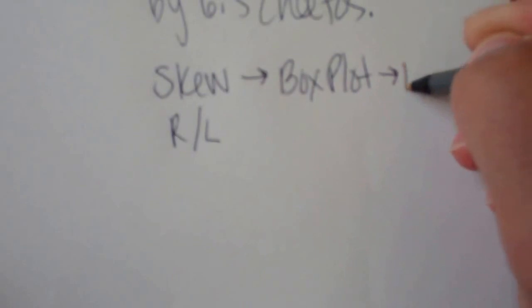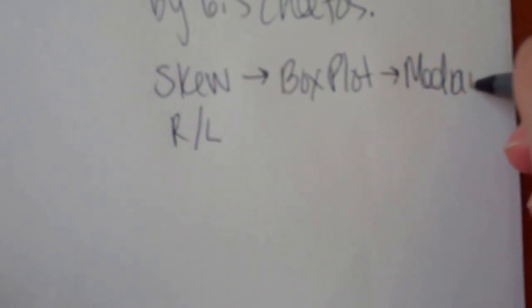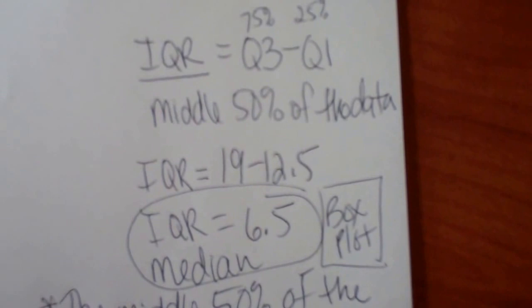So if you have a skew, whether it's right or left, you are going to think box plot, median, and IQR. That is your little flow chart. That will help us to explain our data. So that's using IQR as spread.